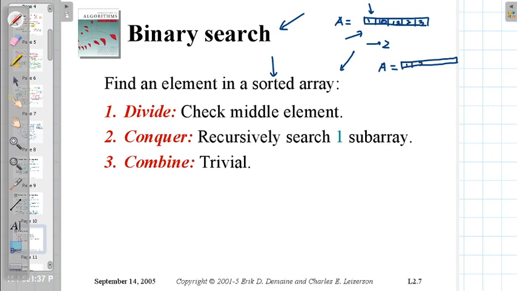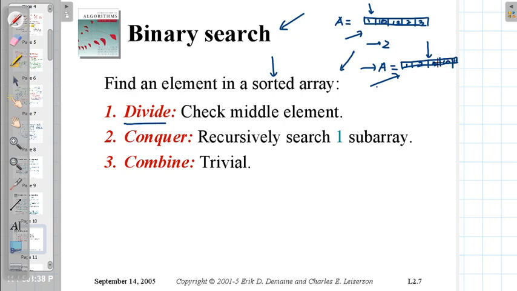So 1, 2, 3 and 10 and 11. So this time I can apply this binary search technique on this array. Okay, so what we have to do, we have to divide. That means we have to check the middle element. What is the middle element? We have to find out the middle element, and based on that we have to divide afterwards.